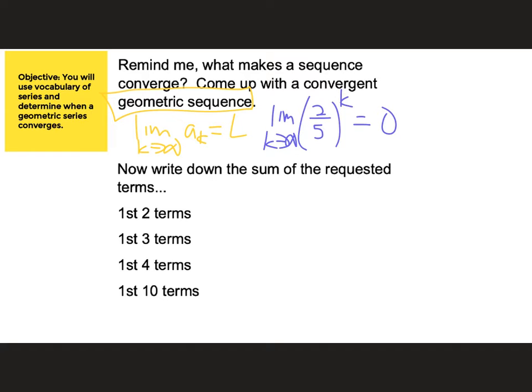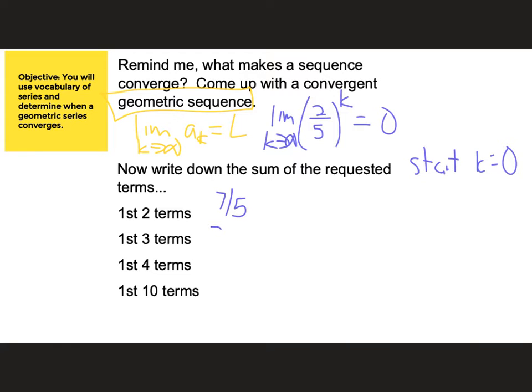I'm going to start with k equals 0. I believe in you. So pause me and do that, and then I'm going to write down the answers. I'm going to give you a moment. Did you do it? Okay, so the first one should be 7/5. That'd be 1 plus 2/5.